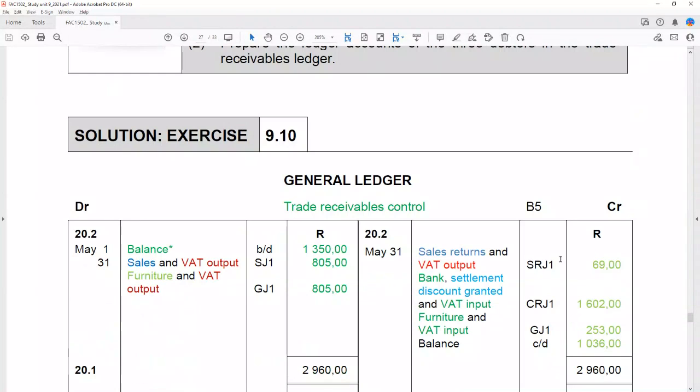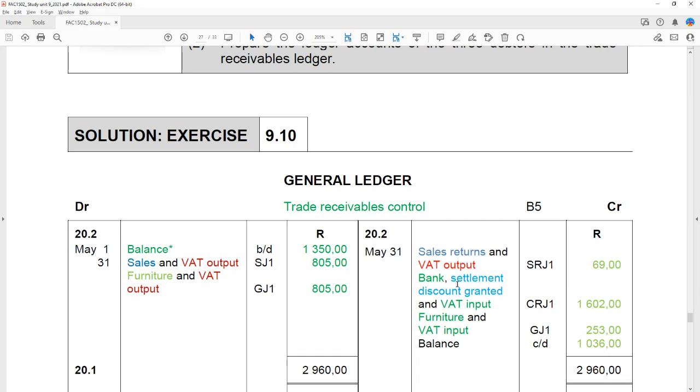We're happy it's on the credit side, because to decrease the balance of an asset, you must credit it. And therefore, our sales returns and VAT output entry that comes from the sales returns journal is 69 Rand on the credit side.